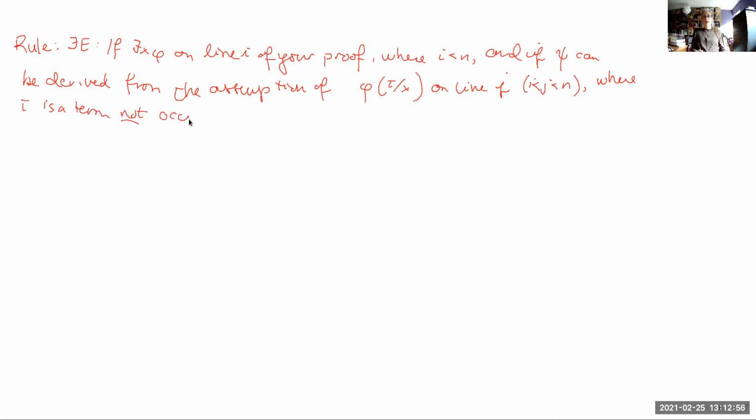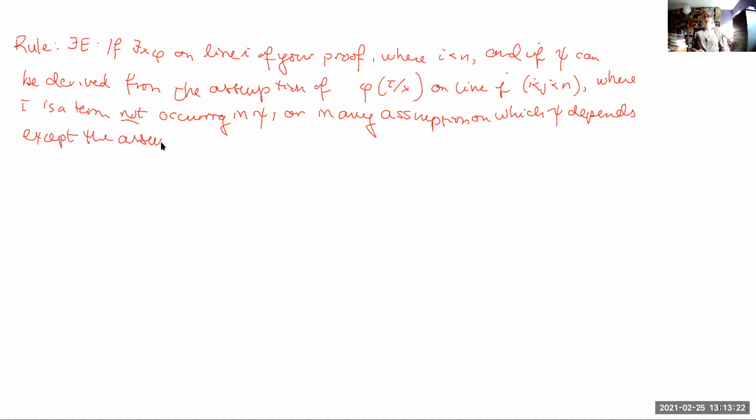One, it doesn't occur in psi, or in any assumption on which psi depends, except the one that you made at line j. So except the assumption on line j.